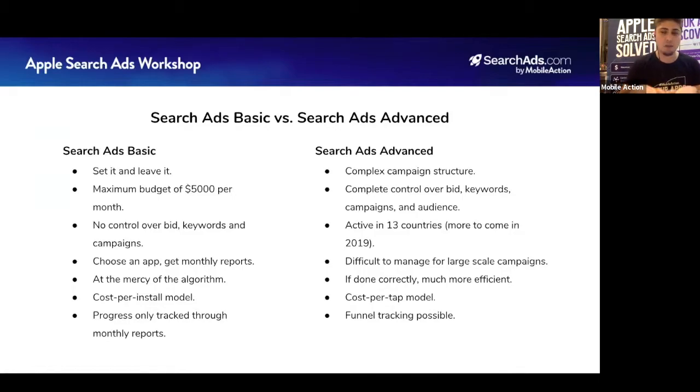You have to have control over your campaign so you don't miss out on good keywords and you don't throw away your money. But this complexity also has its advantages, because you have complete control over everything you do on Apple search ads. Both of these methods are currently active in 13 countries, but there are rumors that it's going to go up to like 150. We're not sure.